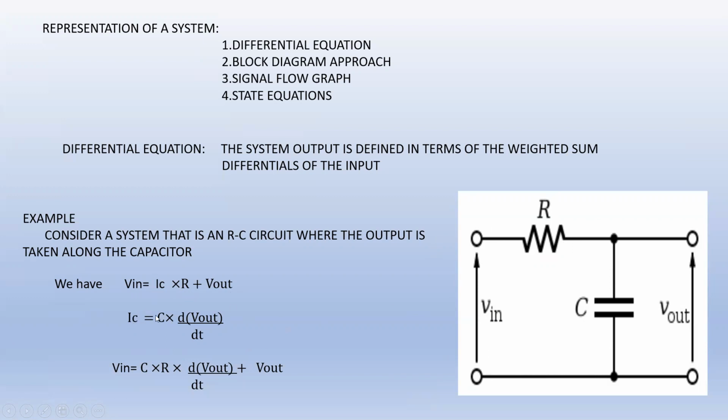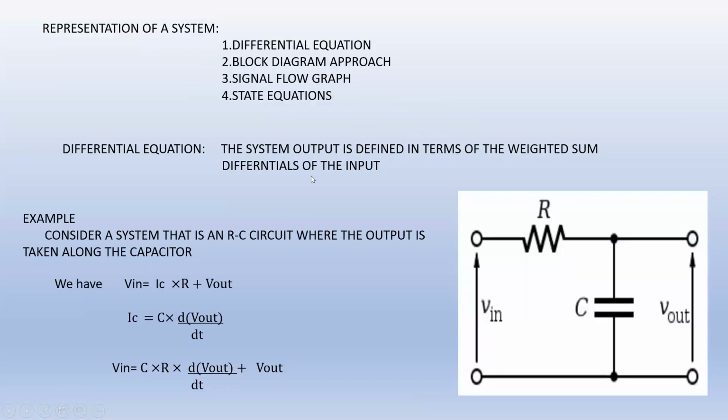We already know that the current flowing through the capacitor is nothing but the capacitance into the rate of change of this output voltage. So if we substitute this IC, we have this equation, which is the KVL equation and the capacitor current equation.